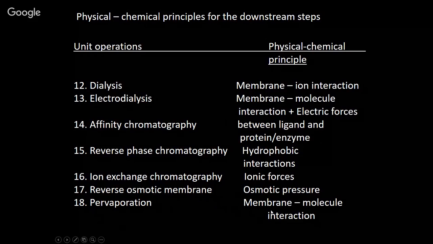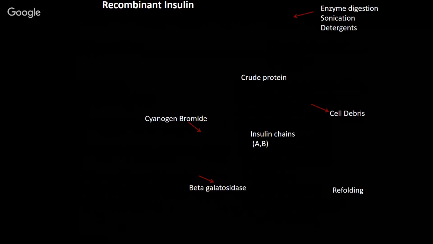In the pervaporation membrane, the movement of the solute is by diffusion. So if two solutes have different diffusion coefficients, you can separate them based on the differences in their diffusion coefficients. Of course, these are various techniques.